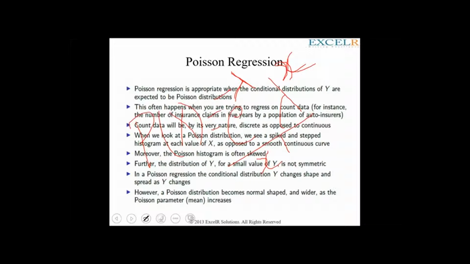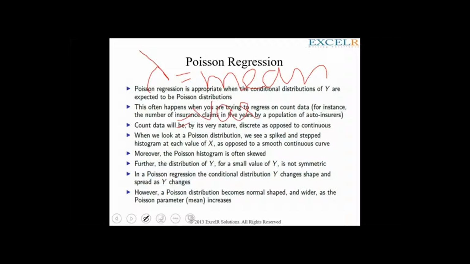All right, the mean of the Poisson distribution is nothing but the lambda value there. And there is yet another condition for Poisson distribution, which says that mean should be equal to variance. If mean equals variance, that is when you end up using Poisson regression.